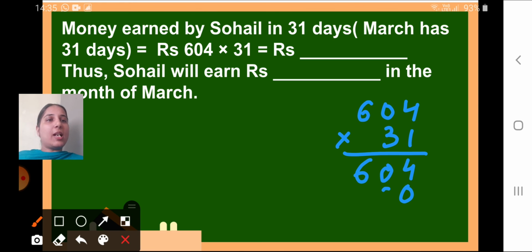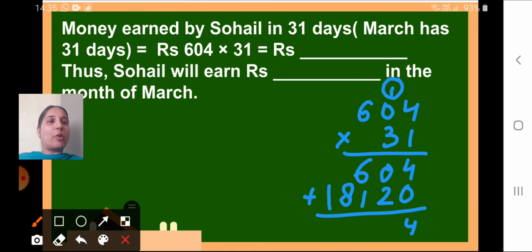Now 4 threes are 12. 1 will be carried over. So this will be 1 here, because 0 threes are 0 plus 1 added to it will give 1 here. Now 6 threes are 18. So 4 plus, now we'll add. So 4 plus 0, 4, 0 plus 2, 2, 6 plus 1, 7, 8, 1.